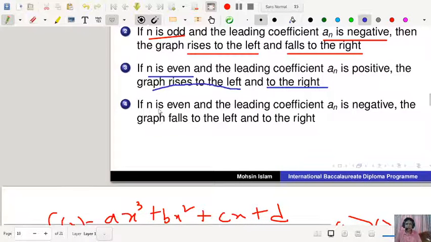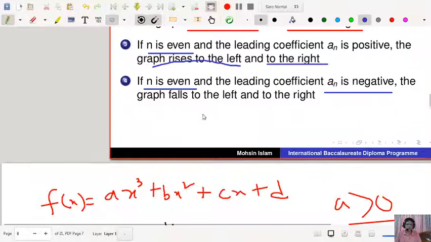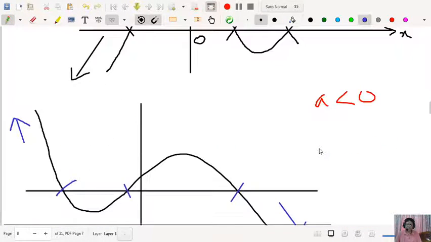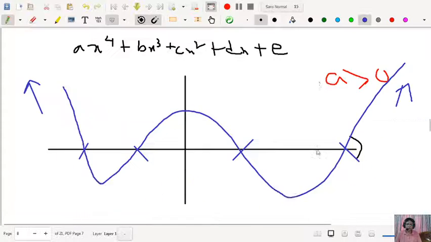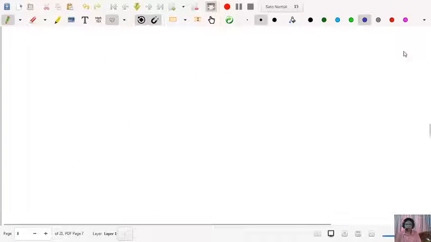Let me now show you n is even and the leading coefficient is negative. Then the graph falls to the left and to the right, just the opposite nature.